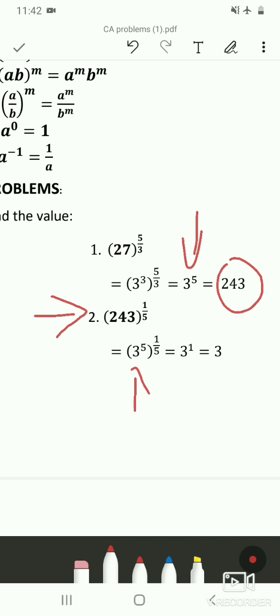So here 243 we can write as 3 power 5, and again using the third law, that is a power m to the whole power n can be written as a power m into n, when you write it as m into n, this 5 and this 5 get cancelled, so you are left with 3 power 1, which is equal to 3.